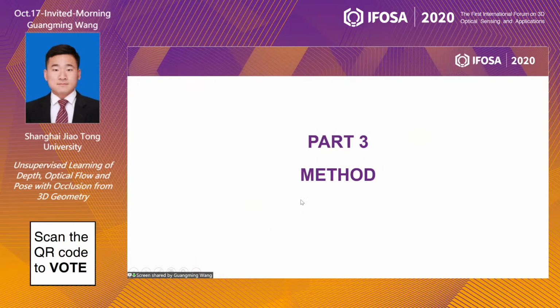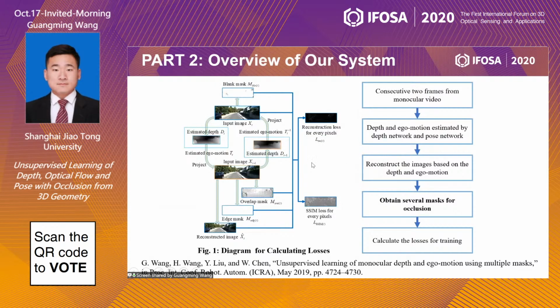Our method is to estimate 3 masks to filter the occlusion regions in the unsupervised learning of depth and pose, so we can filter some outliers, whose pixels may not satisfy the matching relationship.